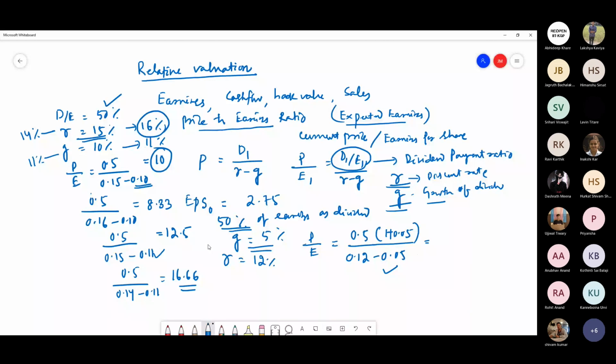What does it mean? What is the meaning of the 16.66? How do you interpret this?